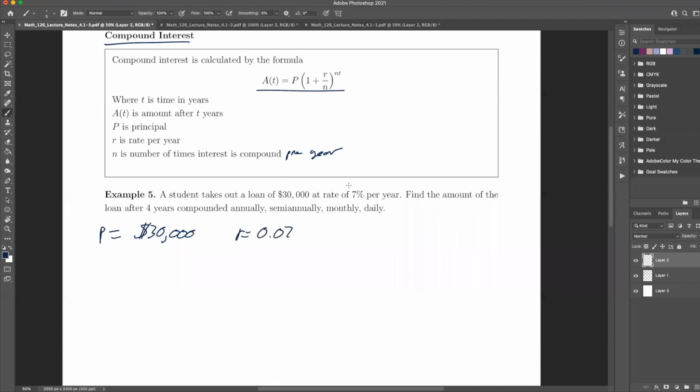So please convert this from percentage to a decimal point. If not, you can handle the interest on my bank account. Find the amount. So T is 4 years. So T equals 4. So we have all our numbers except for N, and N's going to change. We're going to do this annually, semi-annually, monthly, and daily.